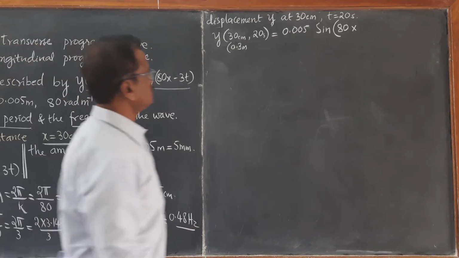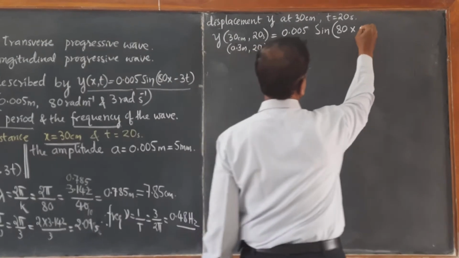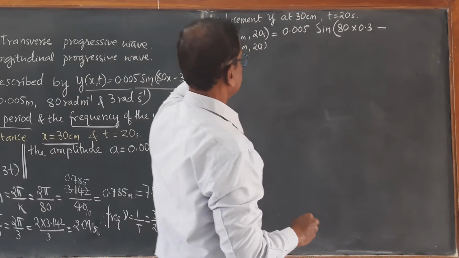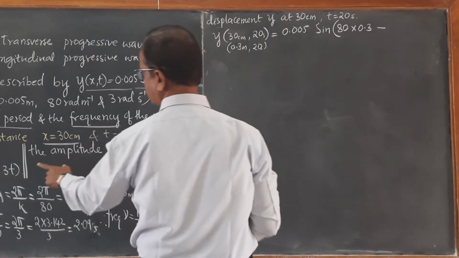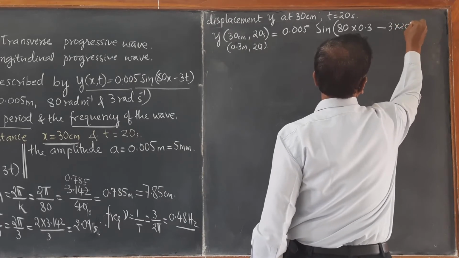So we can write it as 0.3 minus omega t, where omega is 3, into 20 seconds.